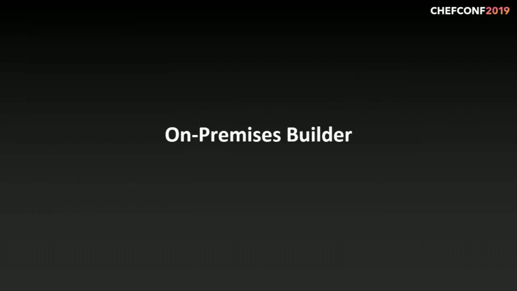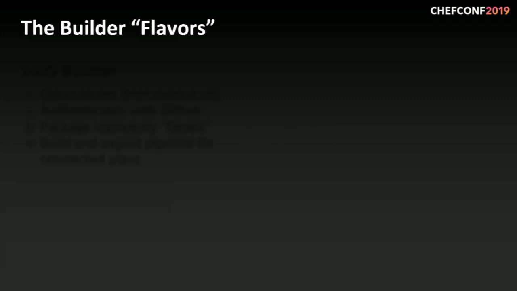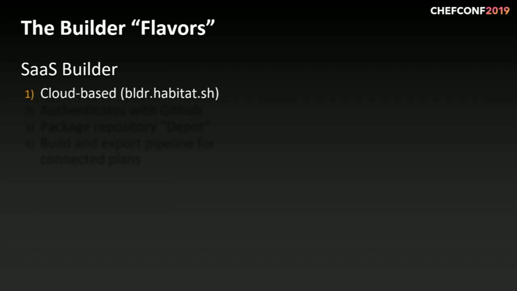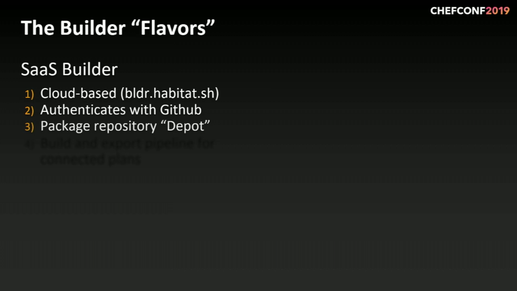OK, so I'm going to talk about on-premises Builder. Next. So we have about 15 more minutes. Quickly define the flavors. SaaS Builder is cloud-based, authenticates with GitHub, and has the repository and the build pipelines, right?